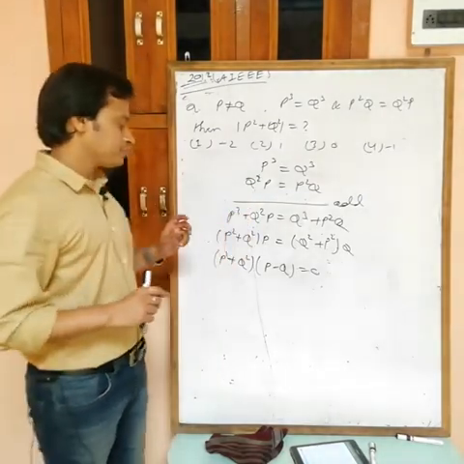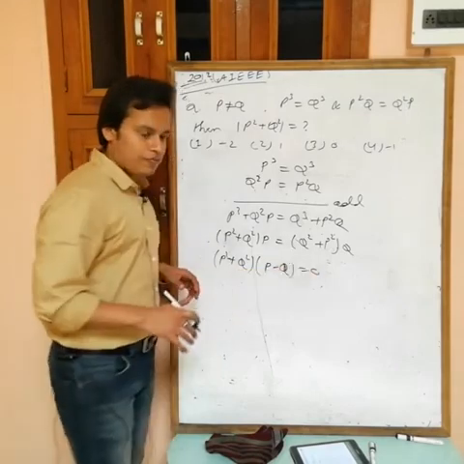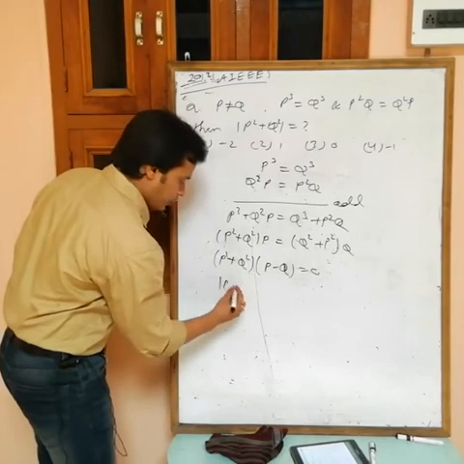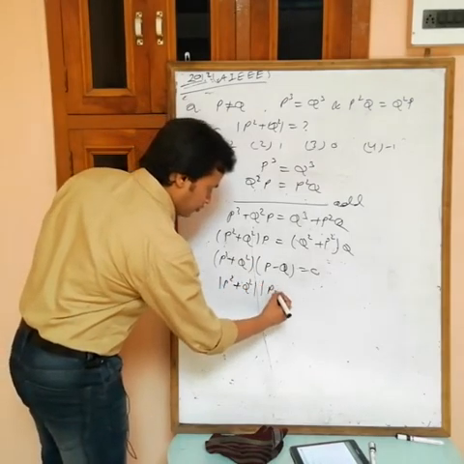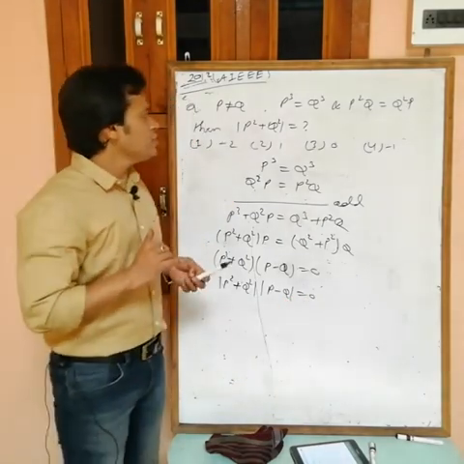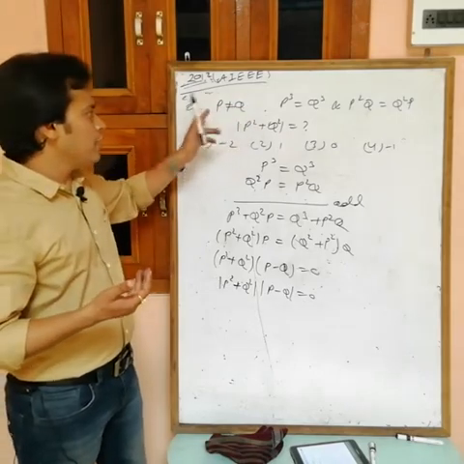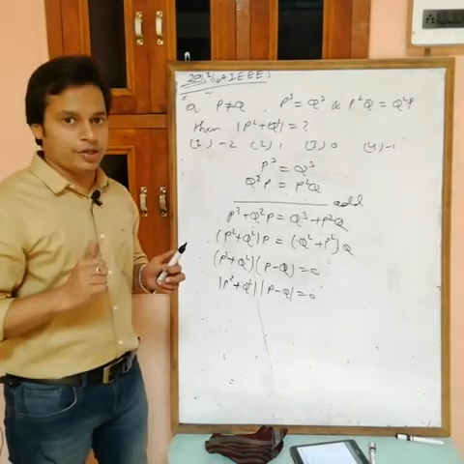And it is given that this is not equals to 0. I am taking determinant. Determinant of this complete is P square plus Q square, and determinant of P minus Q equals to 0. Now it is given that P is not equals to Q, it means P minus Q is not equals to a null matrix.